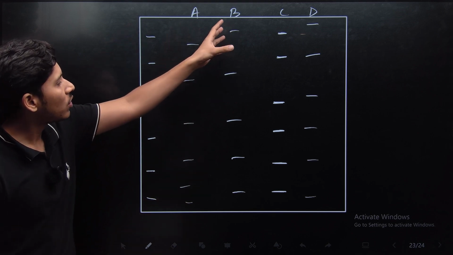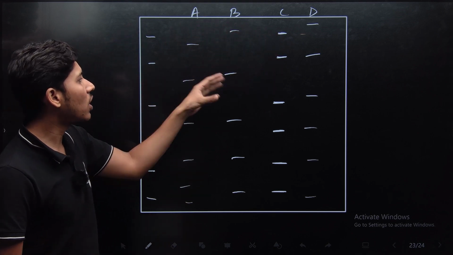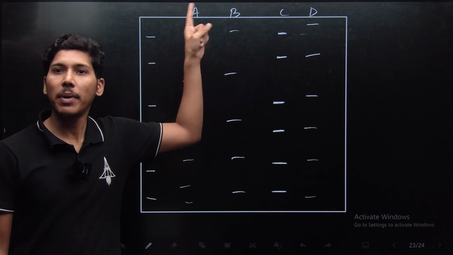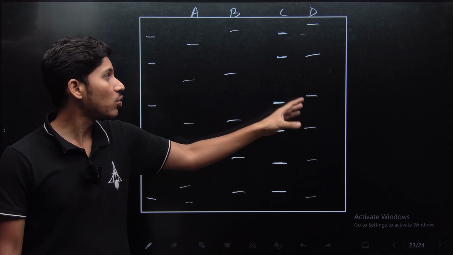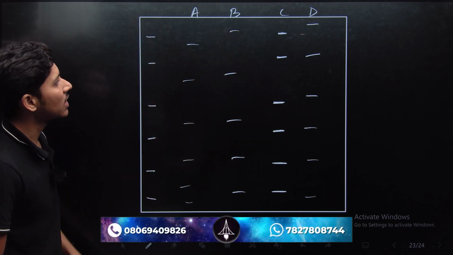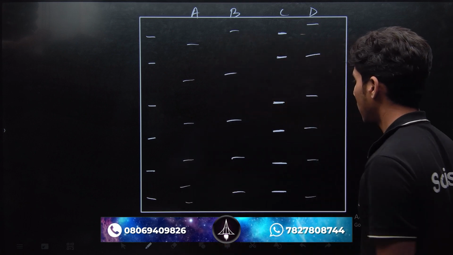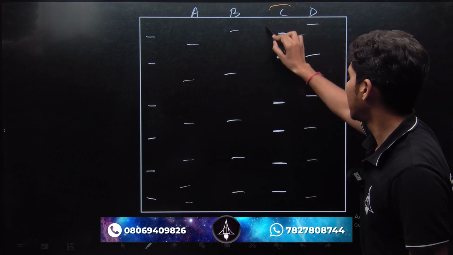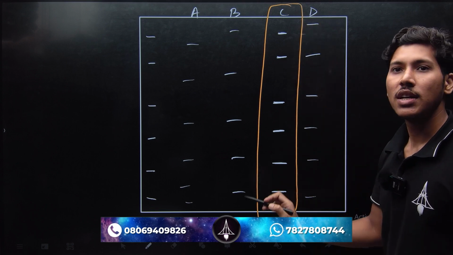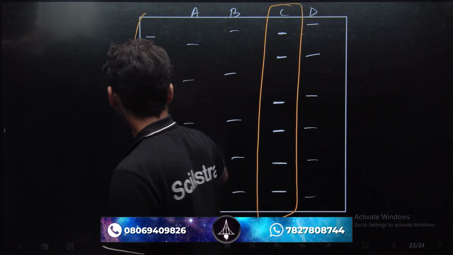If you try to watch all the bands here, whose bands are coinciding with these bands? It's C, right? So the person C has all the bands coinciding with these bands.